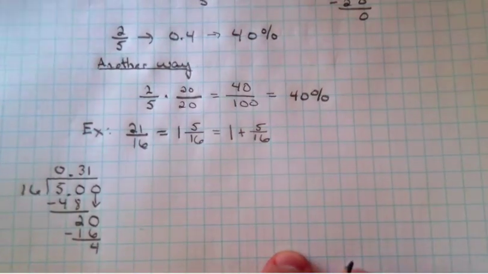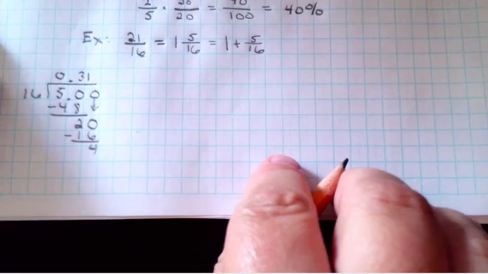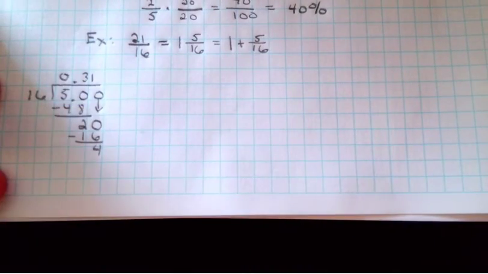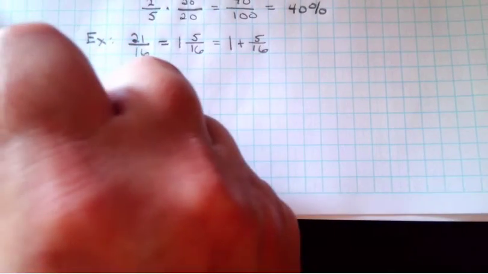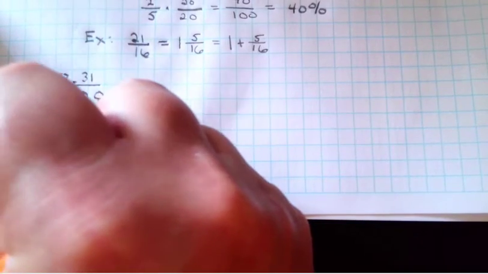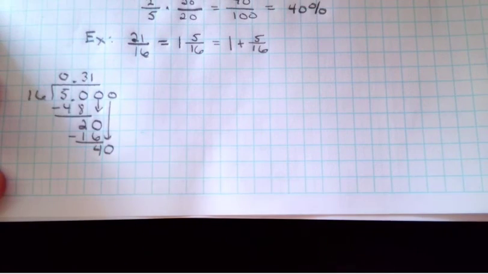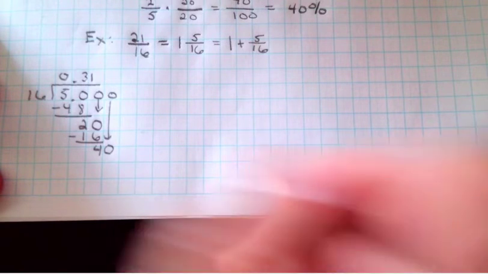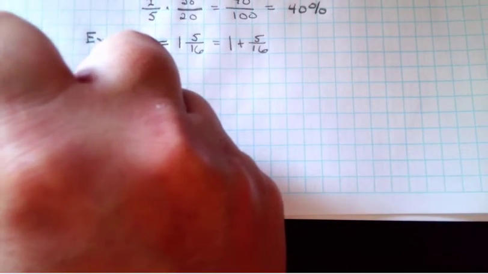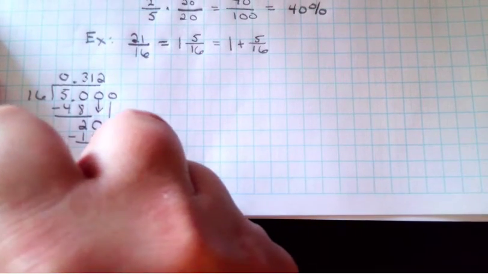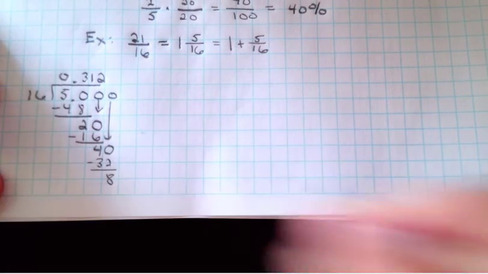I'm going to run down to the bottom of the page here. I'm almost out of room. Okay, so let's drop another 0. So 40 looks like it will go twice. So that'll give me 32. And I'll get an 8.